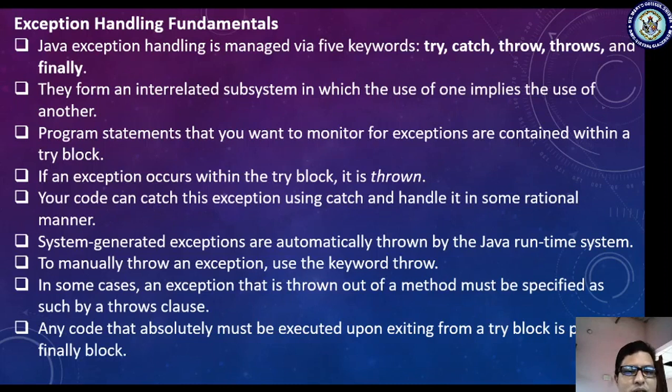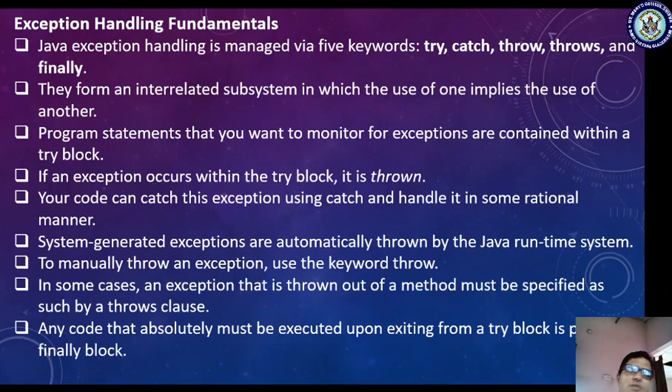In some cases, an exception that is thrown out of a method must be specified, using a throws clause. So these manually created exceptions must be specified in the method. Any code that absolutely must be executed upon exiting from a try block is put in a finally block.